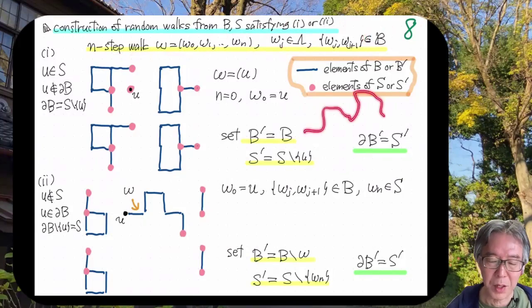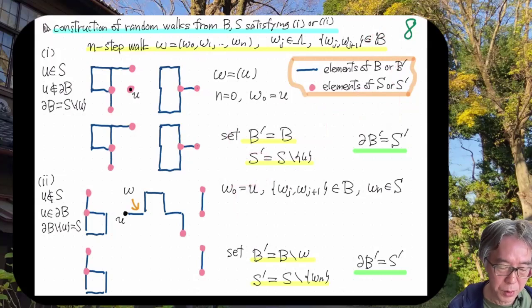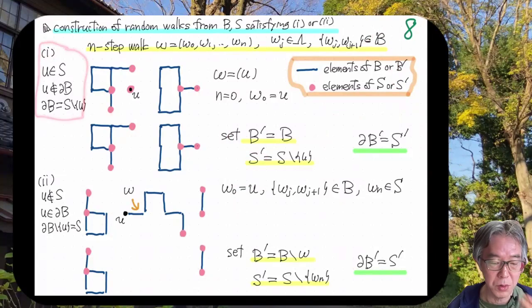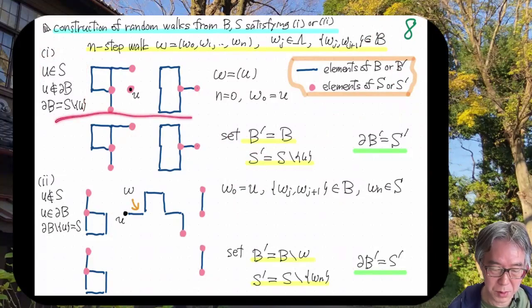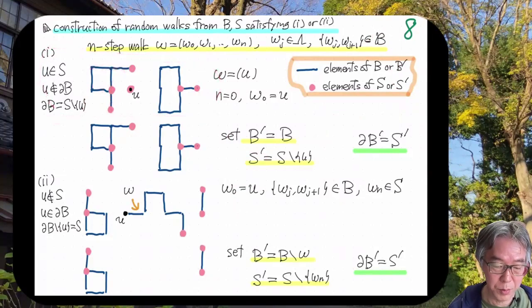So as I said, in each step you pick a bond and go along it. Now suppose case 1, so suppose that B and S satisfying condition 1 are given. These blue things denote the bonds in B, and these pink dots denote the sites in S.